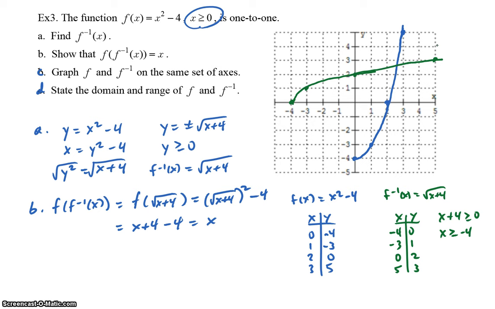That's the graph. By the way, if we think about our transformation rules, the graph of f is a parabola shifted 4 units down. It's actually half of the parabola, though, because of the restricted domain.